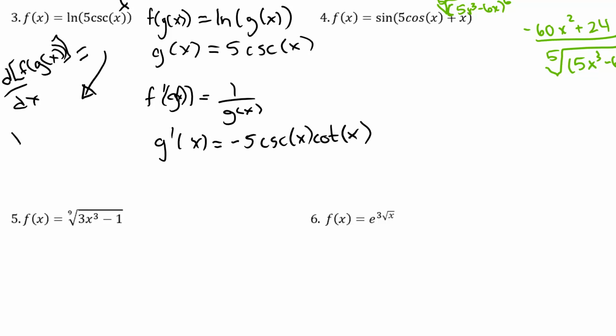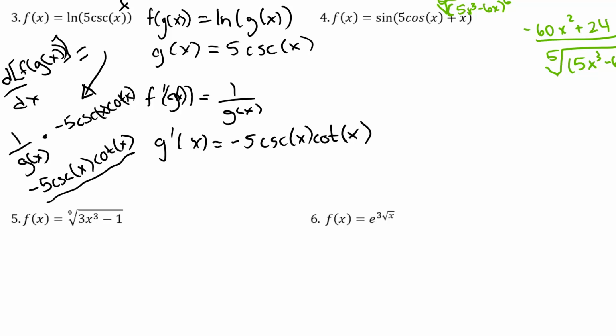So we've got 1 over g of x times negative 5 cosecant x cotangent x, or negative 5 cosecant x cotangent x over g of x, which is 5 cosecant x. And we've got some common stuff here, so the 5's cancel, the cosecant x's cancel. You've got negative cotangent x.